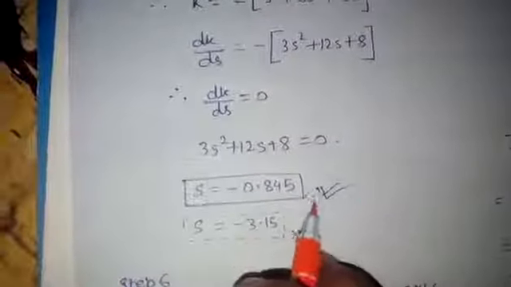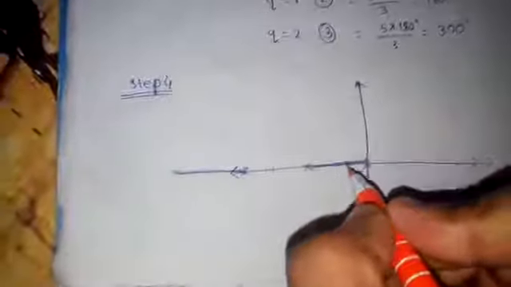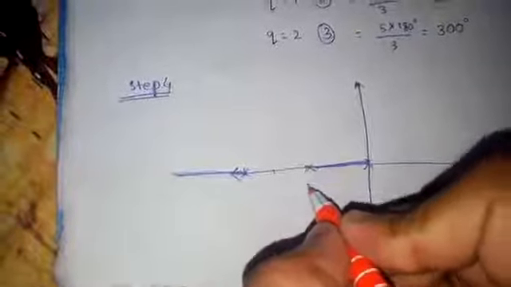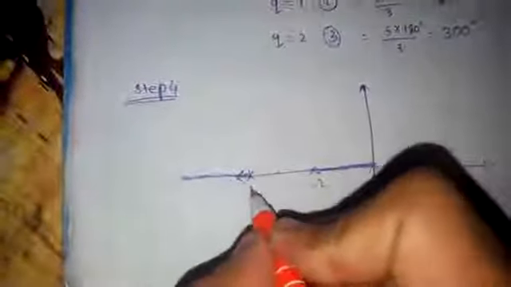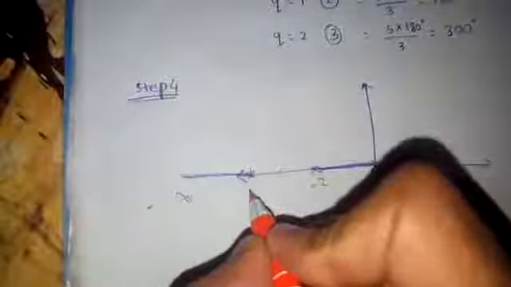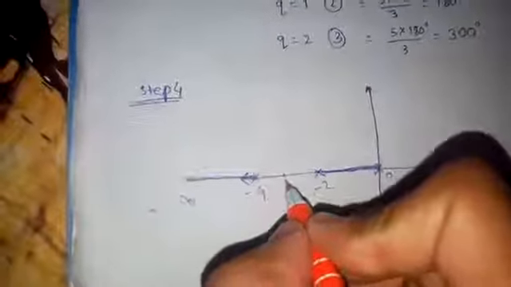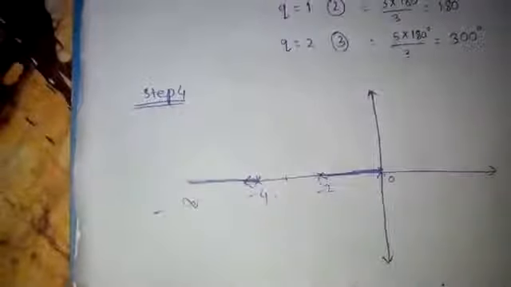Why do we choose one as the breakaway point? Because we have seen that our root locus lies between 0 and -2, and after that from infinity to -4. Between -2 and -4 there cannot be any breakaway point.